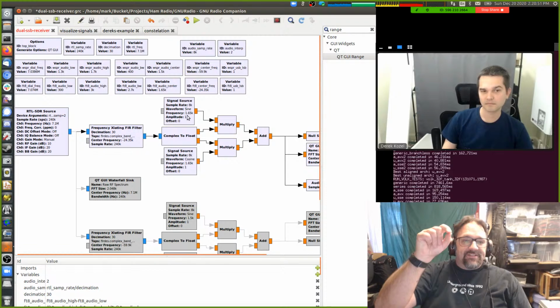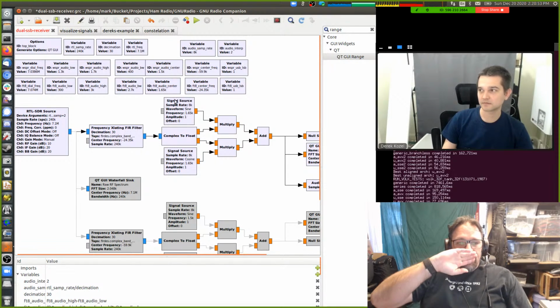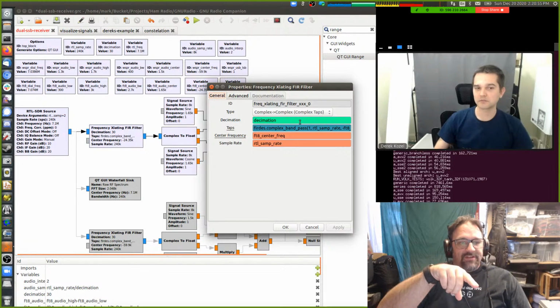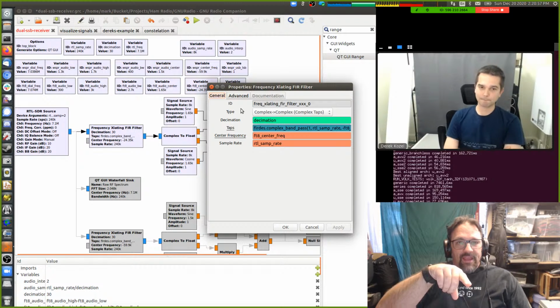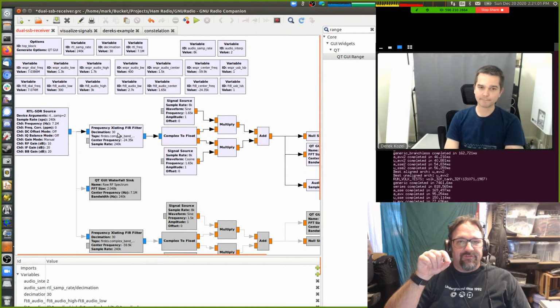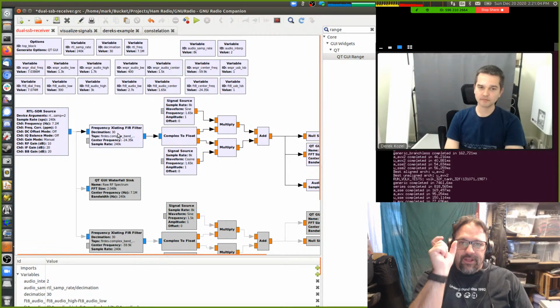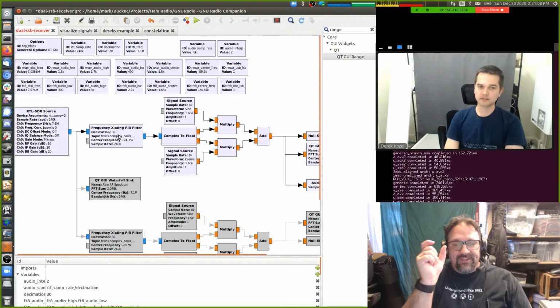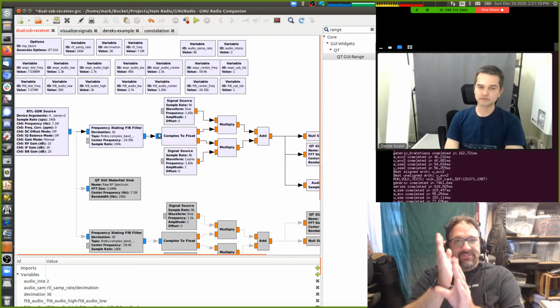What that does is that results in the center frequency for the translating FIR filter, and so the output of this translating FIR filter is just the audio passband, the range of frequencies that I care about, around 0. Plus and minus, so centered around 0.